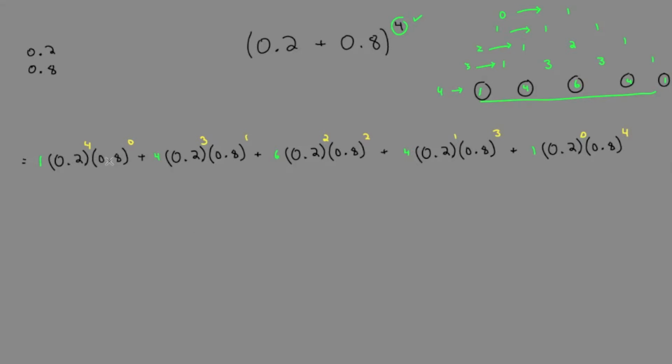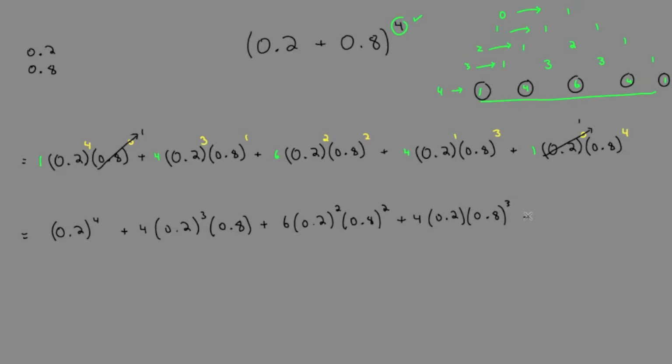Simplifying this, we could see anything to the power of 0 is 1. And we only have that here and here. And we could rewrite this. What would we do with this?